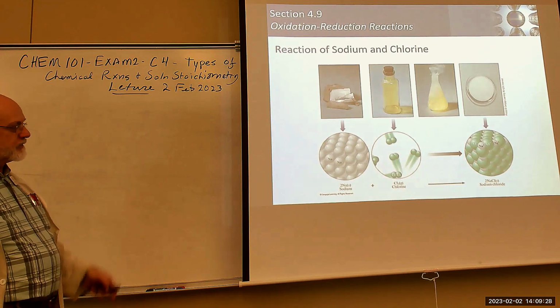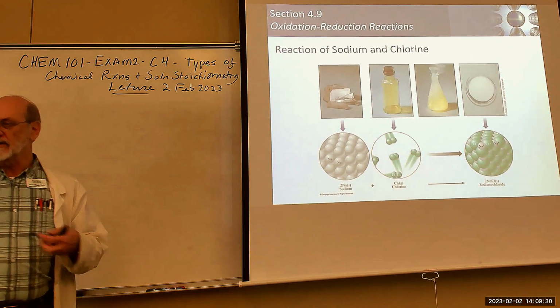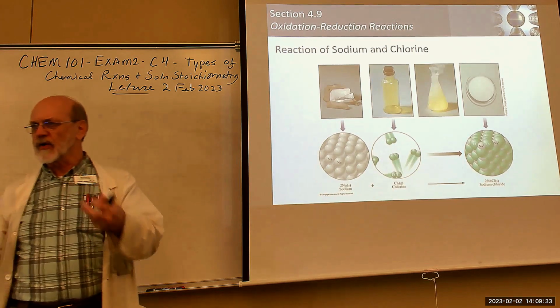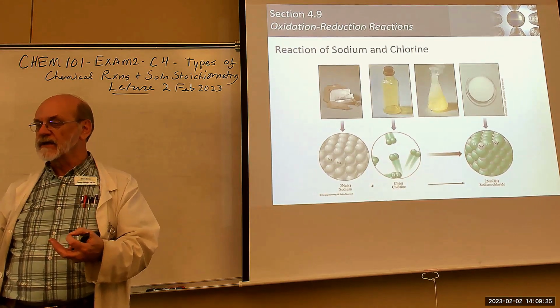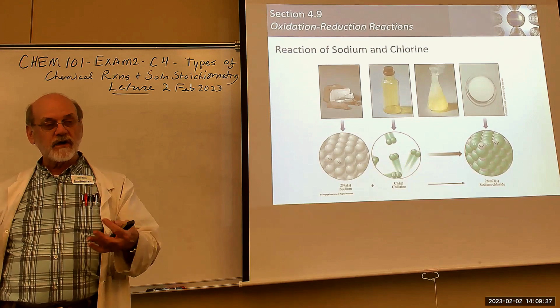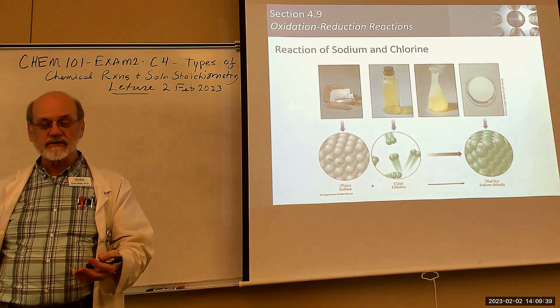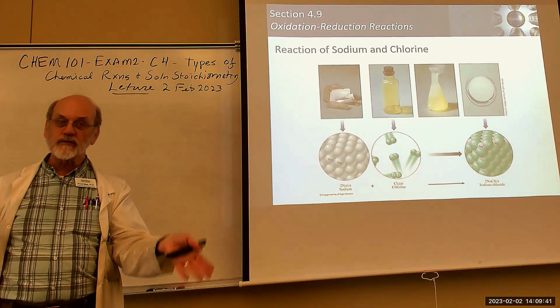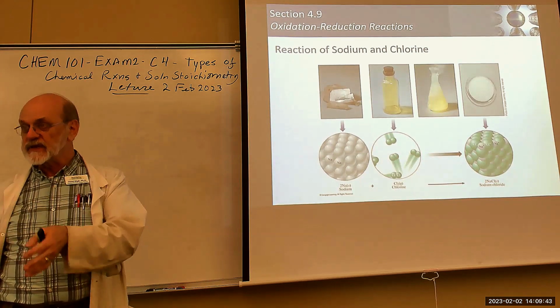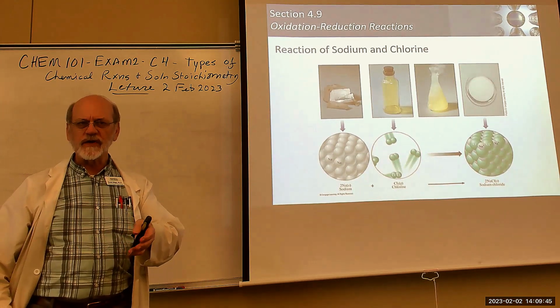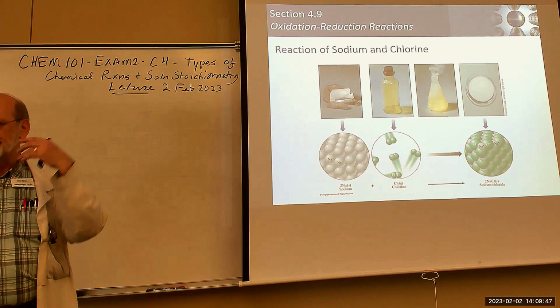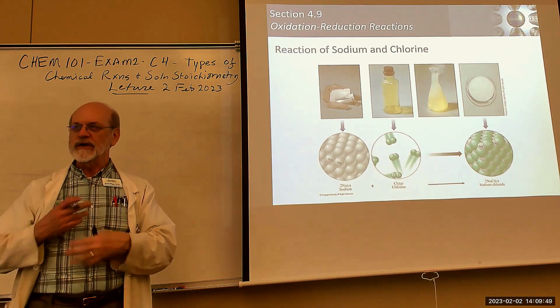These are examples of transfer of electrons. Sodium metal and chlorine gas, when they react, the chlorine gains electrons and the sodium loses electrons. The electrons are transferred from the sodium to the chlorine. That's a redox reaction. We don't say ox-red, oxidation reduction. It just doesn't sound right. So we say redox instead.